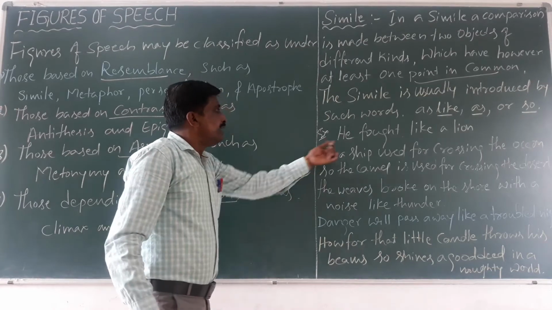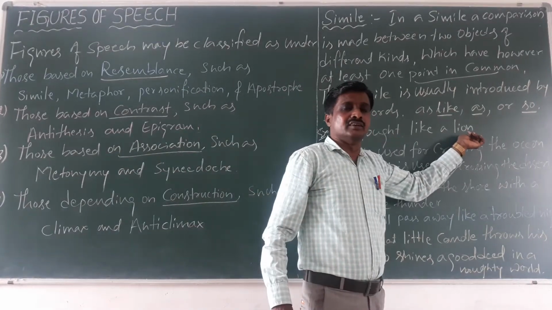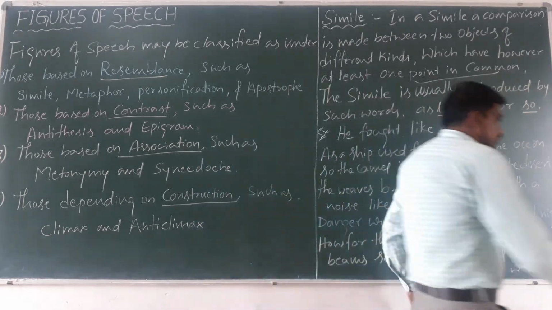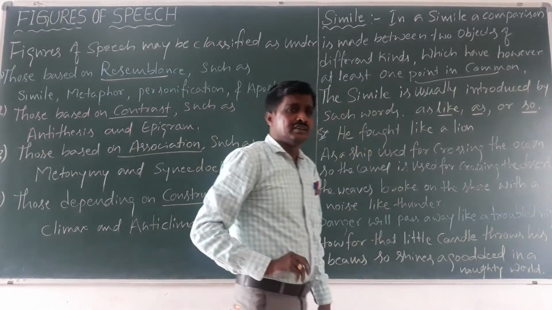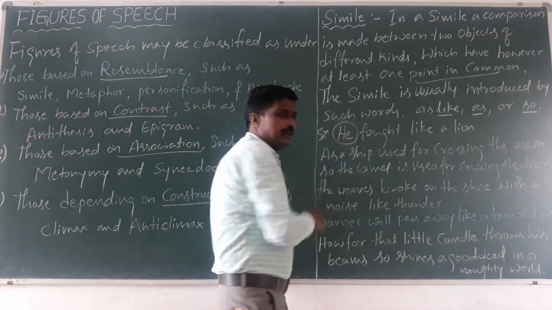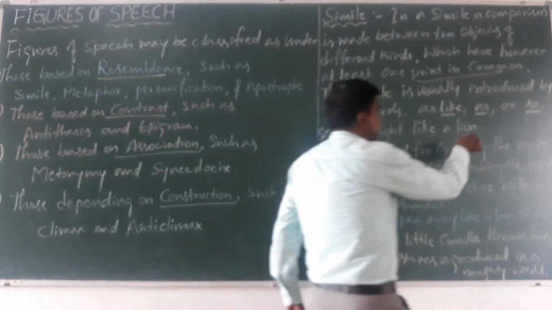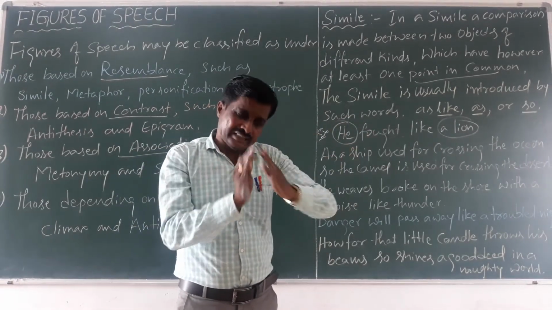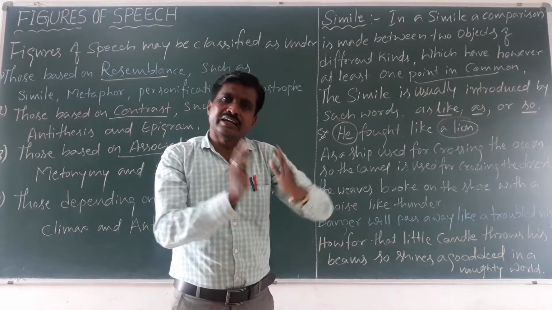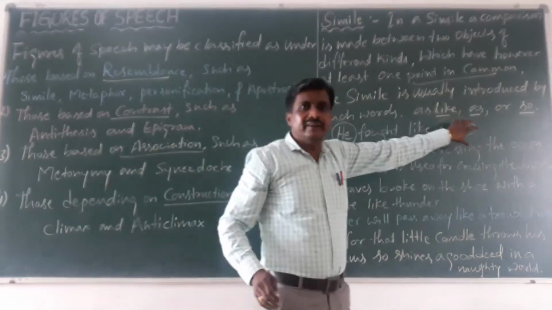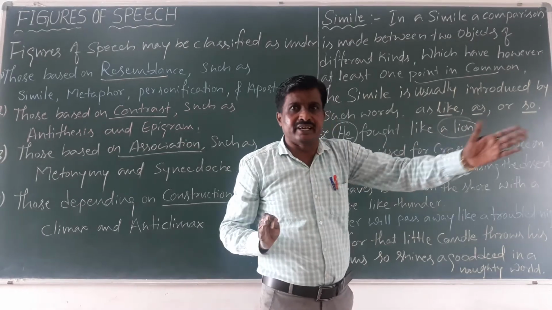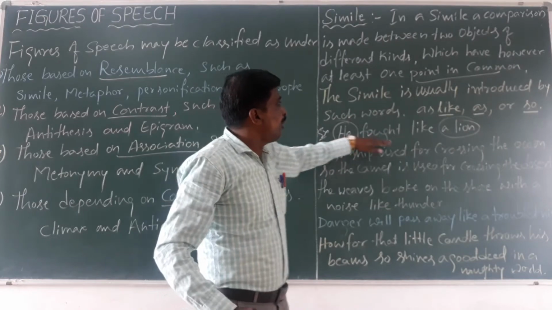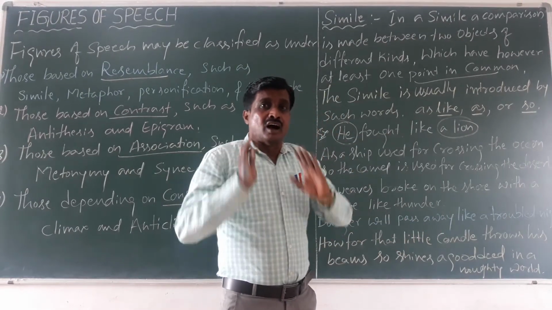Let us see. He fought like a lion. Here the comparison is between a person and an animal, two objects of different kinds. How did he fight?